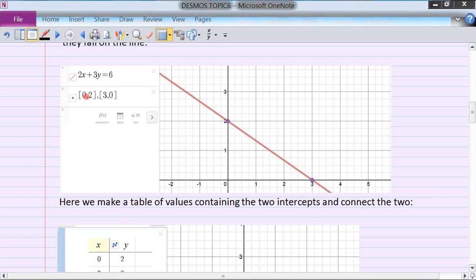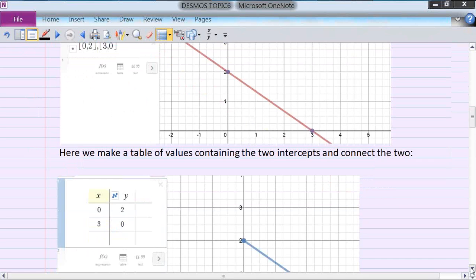So here, you see, we've taken the ordered pair 3, 0, and it lies on the line 2x plus 3y equals 6. So we know these must be the right intercept values, otherwise they wouldn't lie on the line of the equation.